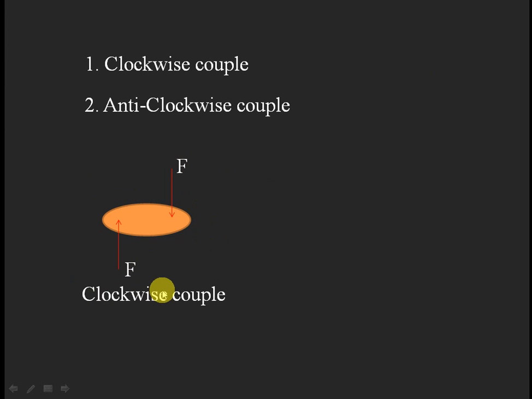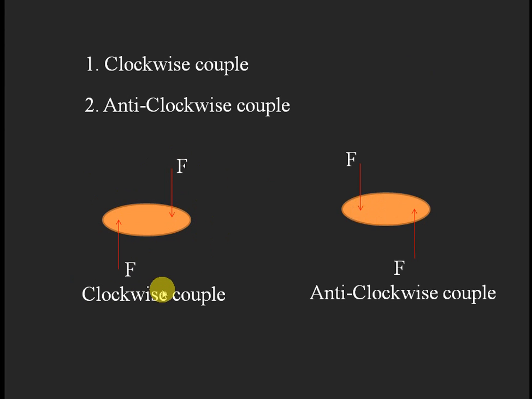That is called a clockwise couple. Similarly, for the anti-clockwise couple, the right side force acts upward and the left side force acts downward. This causes anti-clockwise rotation of the body. That is called an anti-clockwise couple. So based upon the direction of rotation produced by the couple, we have two types, clockwise and anti-clockwise. Okay, this is about the couple in engineering mechanics.